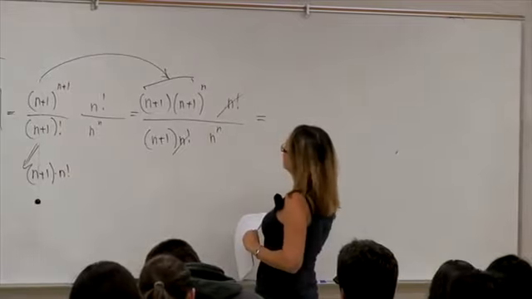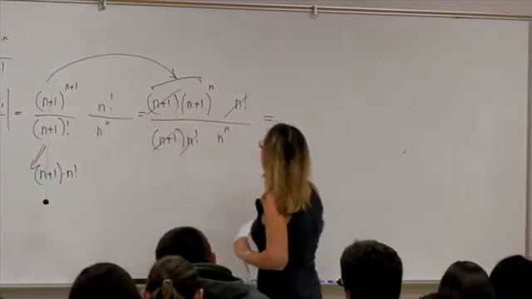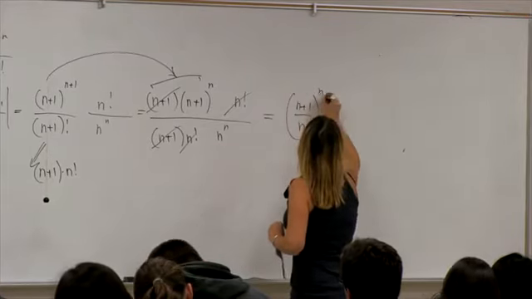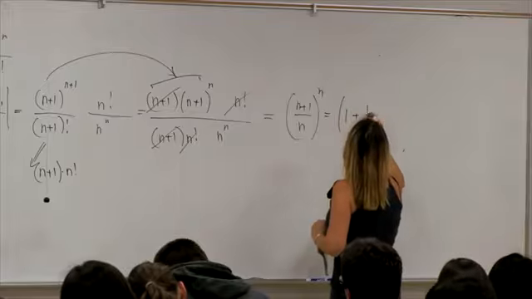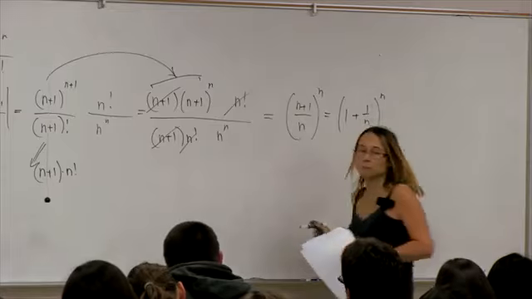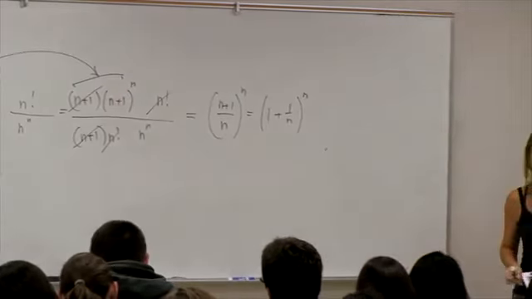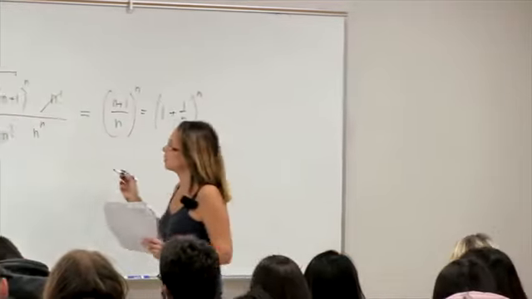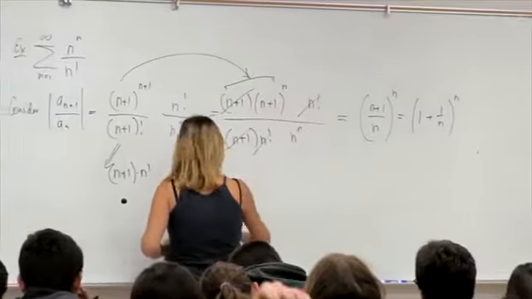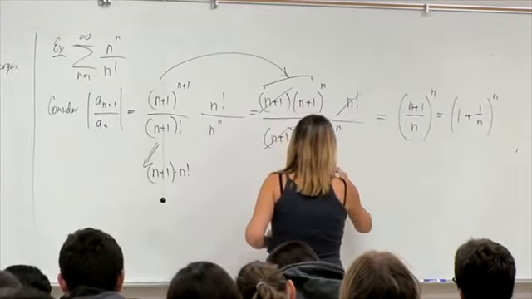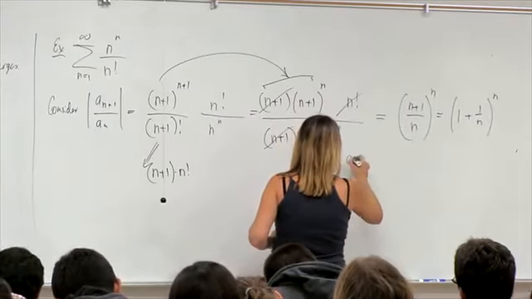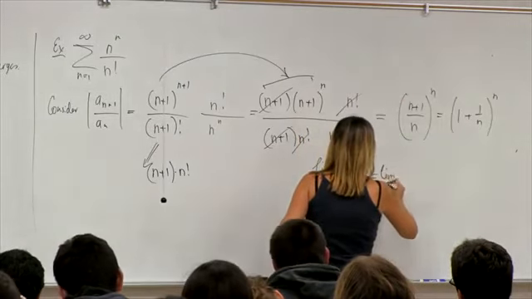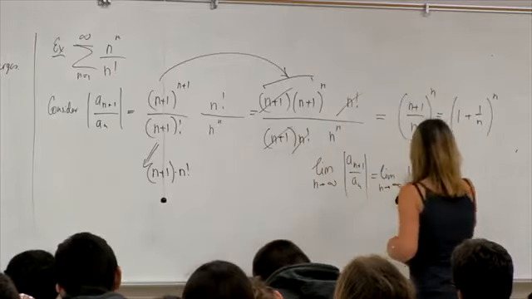I have n factorial, which is the same, and I have n plus 1. So what we have left is (n+1) over n to the n, or (1 + 1/n) to the n. Okay. So this is the sequence whose limit we have to evaluate. So let's write down the limit as n goes to infinity of a_{n+1} over a_n, which is the limit as n goes to infinity of this.